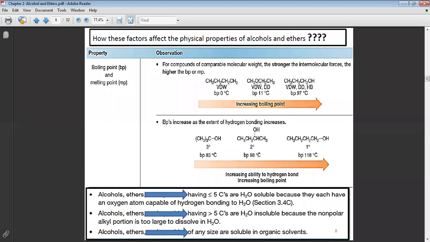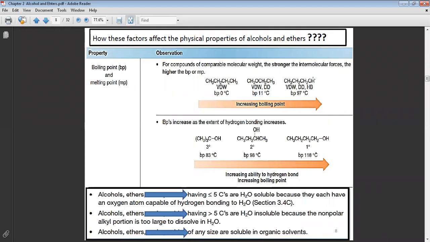That means we need more energy to separate the molecules from each other. More energy means more heating. If we talk about boiling point and melting point, the energy is heating.